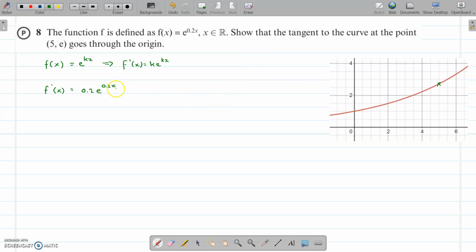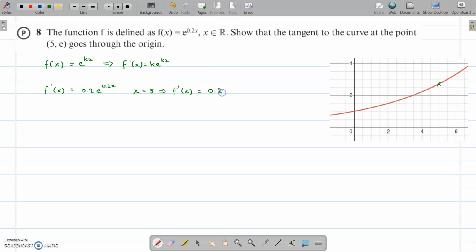Clearly they've chosen 5 because 5 times 0.2 is 1. So x equals 5 implies that f dashed of x is equal to 0.2 e to the 1.